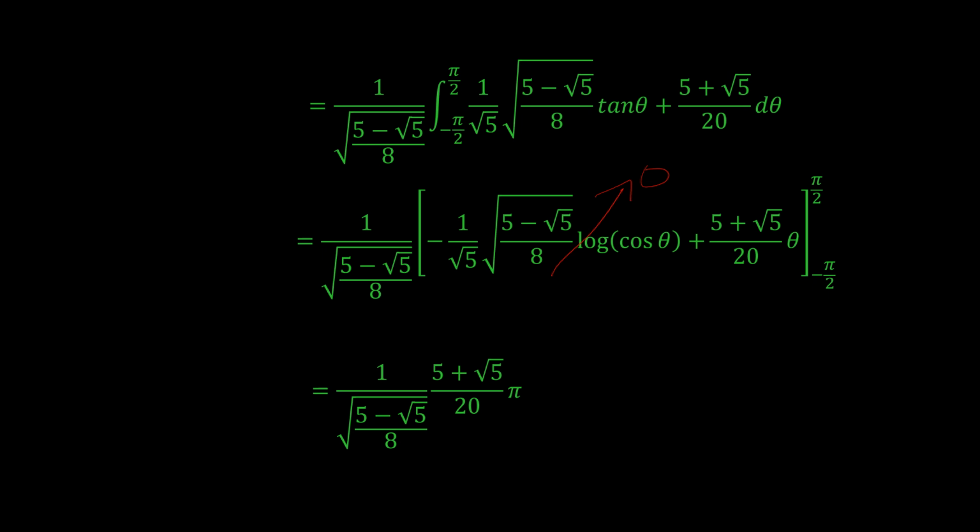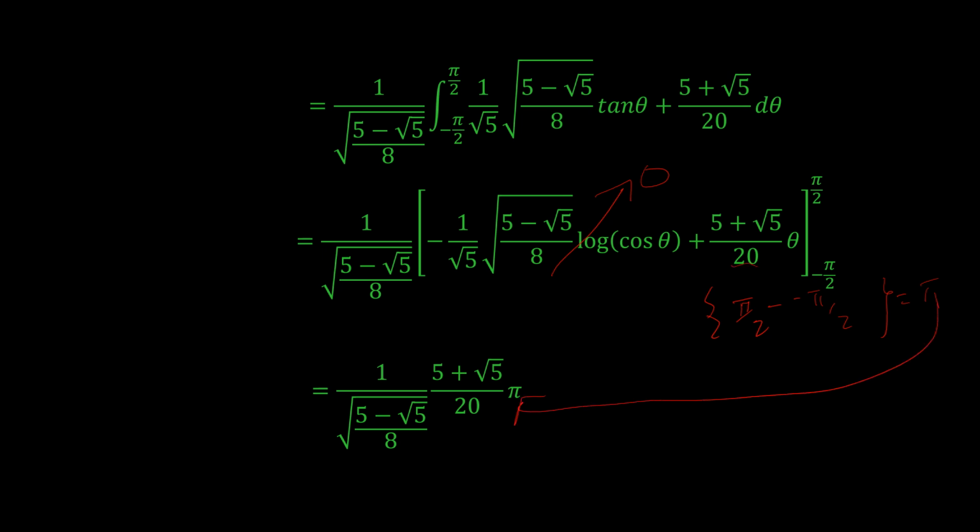So pi over 2 minus negative pi over 2, this becomes pi, and then this constant. So we have 1 over square root of 5 minus root 5 over 8 times 5 plus square root of 5 over 20, and then this pi just comes here.